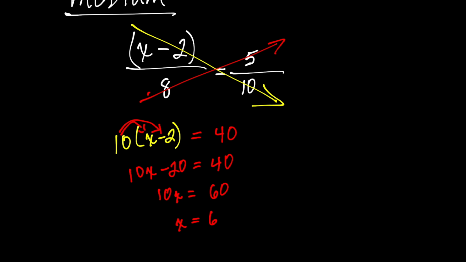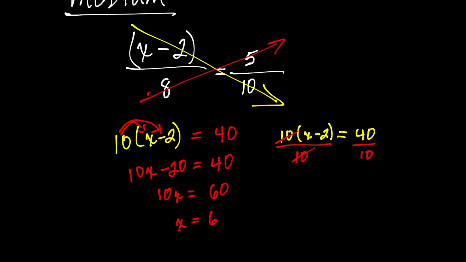Another way that some students like is to take our 10 times x minus 2, which is equal to 40. Some students will do this first, and this will work just fine. They'll divide both sides by 10, and the reason they do that is to get these two 10s to divide out.